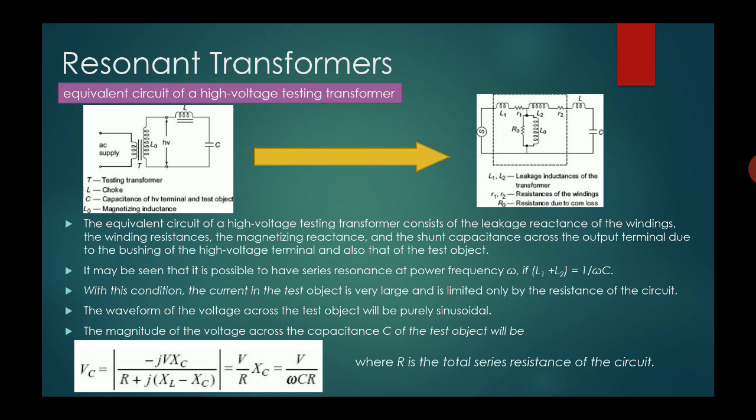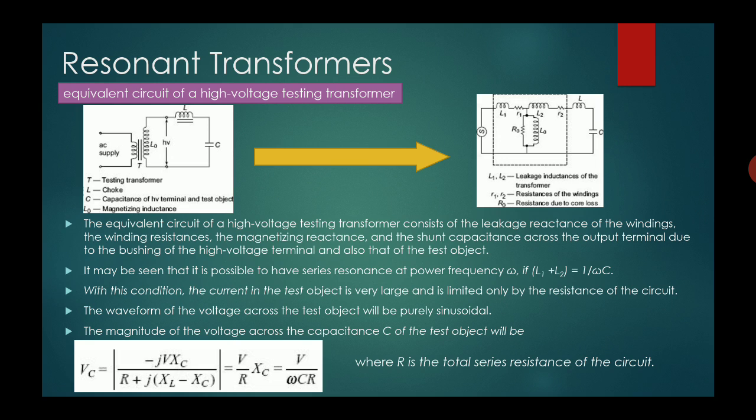With this condition, the current in the test object is very large and is limited only by the resistance of the circuit. So if you remember, if resonance occurs, the inductance and the capacitance cancel each other out, and you have only a resistance to resist the increase of the current, and hence the current will be very high.